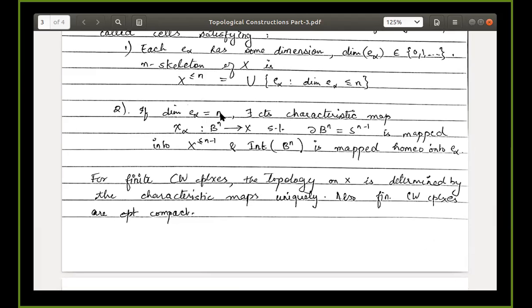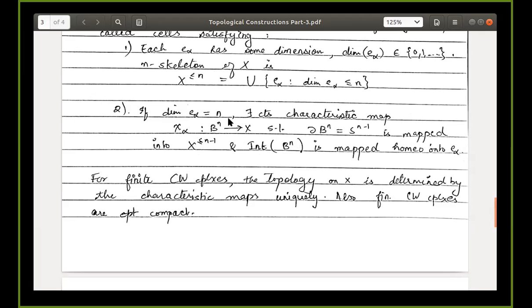For any cell of dimension n, you have to have a continuous characteristic map chi alpha from the n-dimensional boundary to X, which glues the boundary into the n minus 1 skeleton of X. And the interior of Bn is mapped homeomorphically onto E alpha.